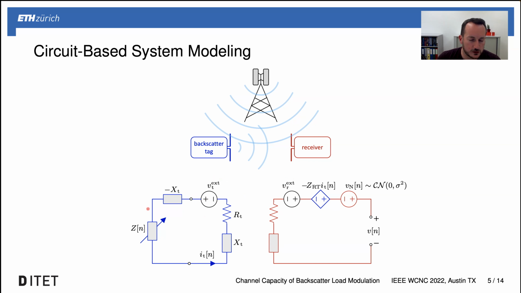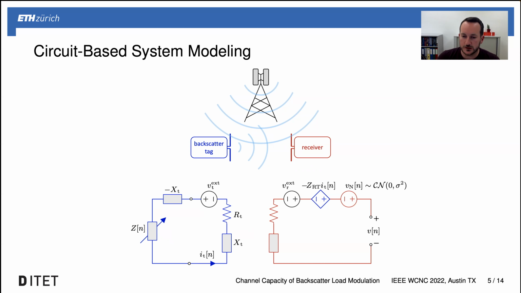Then the tag load is first a reactive element that cancels the antenna reactance, i.e. resonance. And here we have the adaptive load impedance, indexed by n, where n is the symbol time index. So we have a symbol-discrete model, and for every symbol, we choose a specific value for this load impedance in order to transmit a symbol.